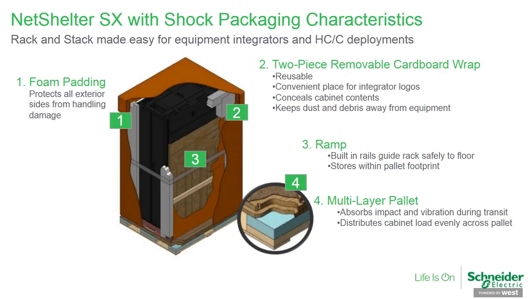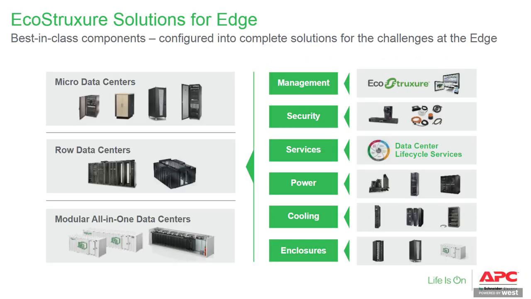For the SX, it comes in a special two-piece removable and reusable cardboard structure with the multi-layer pallet and the foam padding that protect the IT, and it also comes with the ramp. So our shock packaging solutions are another plus and another extra that we have in our portfolio to offer customers who are trying to deploy at the edge.